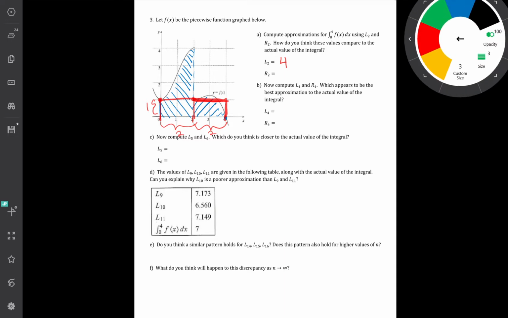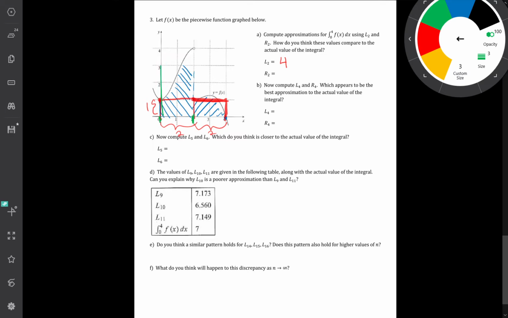For R sub 2, the first rectangle, we're going to use the right-hand side of our interval. And again, there is actually an open circle there, but that doesn't really make that big of a deal. Oh wait, I'm being completely silly. What am I talking about?